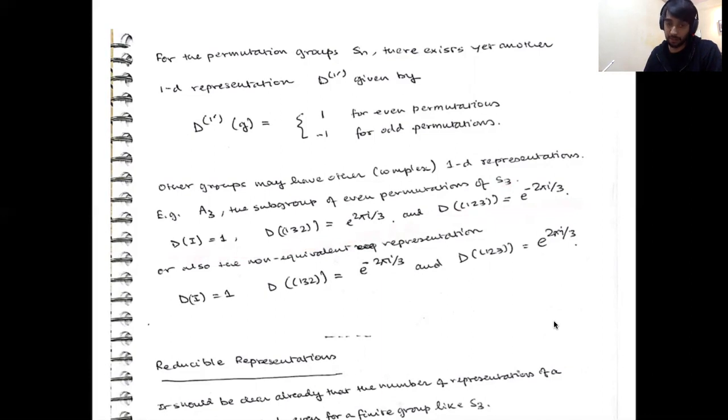And there could also be non-equivalent representations. This could be another one. So these are more representations that we have learned now, and we will go on and try and learn a little bit more.